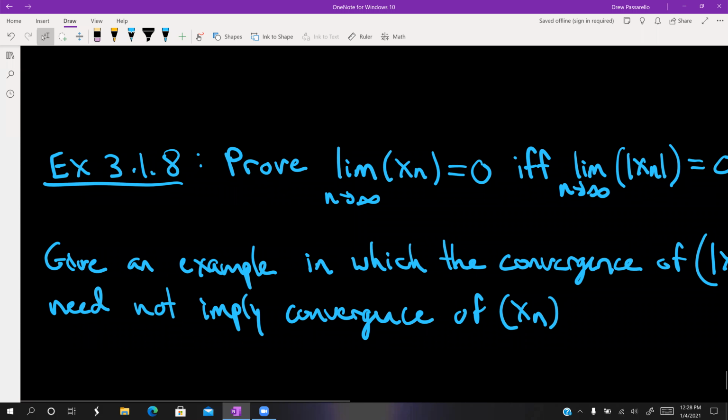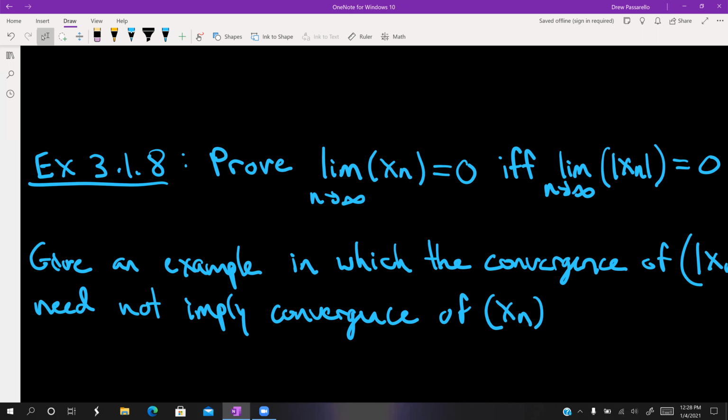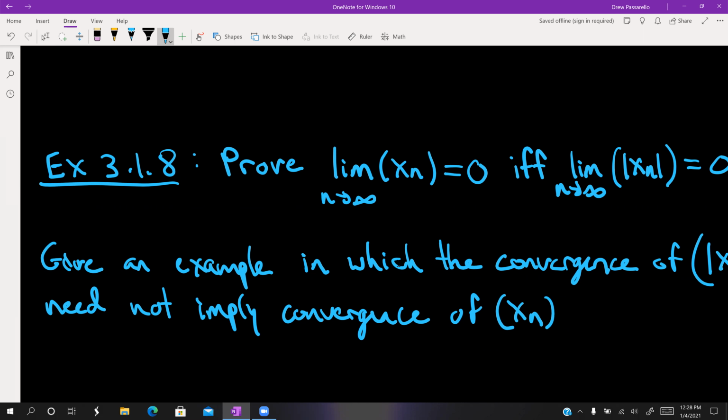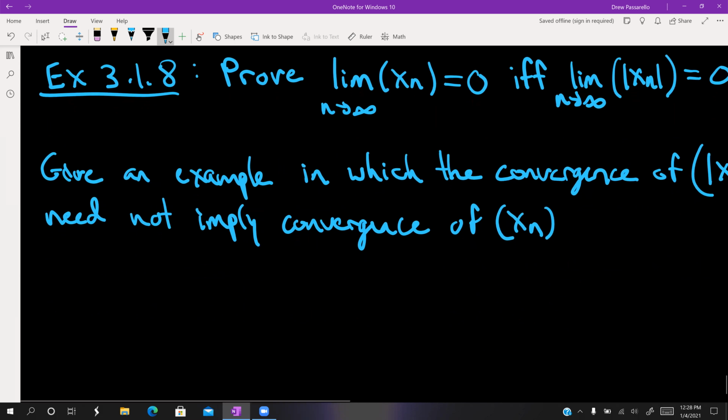And then give an example in which the convergence of the sequence of the absolute value of xn does not necessarily imply the convergence of the sequence xn.